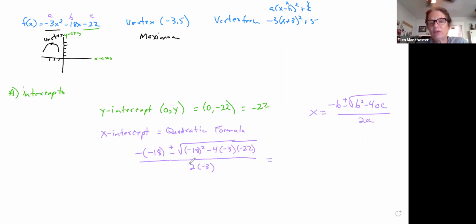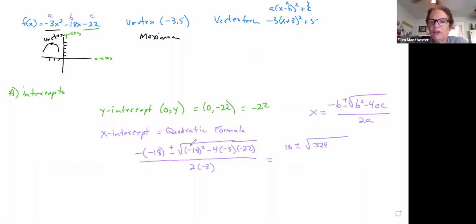Okay, now it's just a matter of using order of operations. So whenever you're doing these, you want to clean this part up. So you have a -18, which makes it a +18. Now we're going to get the values underneath the radical. So -18 squared, I already did this, so that's why I'm doing this so fast, is 324.